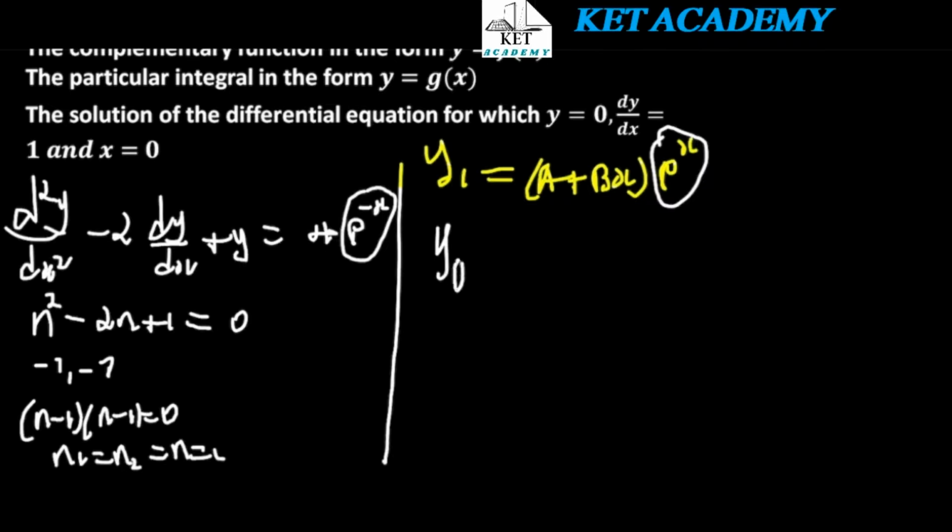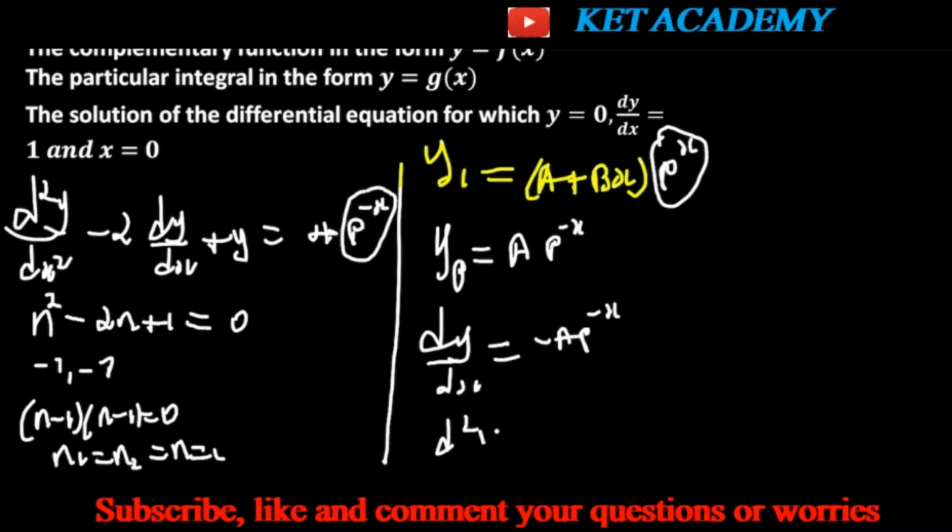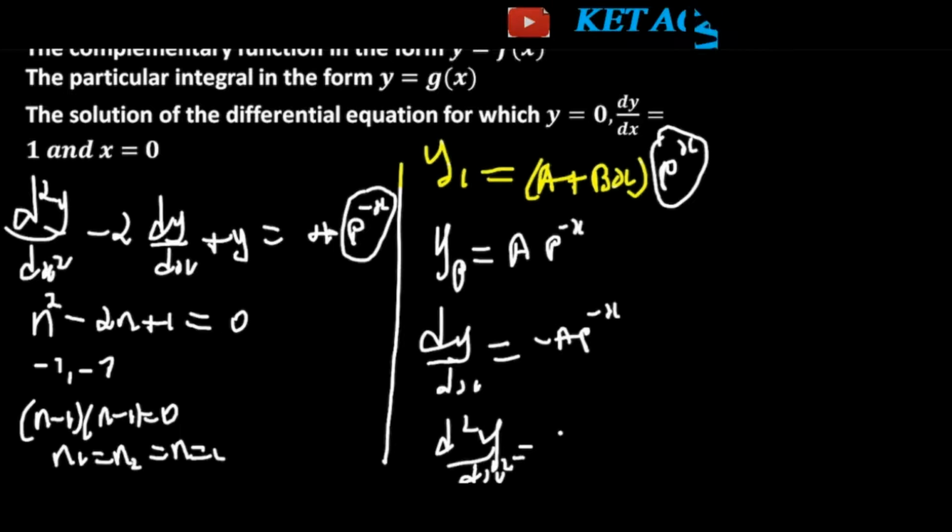So we're going to go ahead to say y particular will be equal to a e to the minus x, so that the first derivative of this function, dy dx, will simply be equal to minus a e to the minus x, and the second derivative, d squared y all over dx squared, will simply be equal to a e to the minus x.